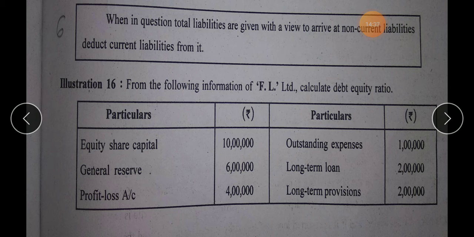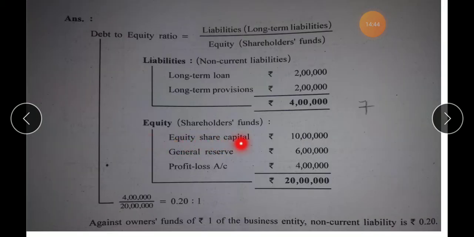Yes? So this is credit balance. Now we are obtaining shareholders' funds. Preference share capital is not there. Equity share capital is provided. So equity share capital 10 lakh plus general reserve 6 lakh as per the question plus profit and loss account 4 lakh. So 10 lakh plus 6 lakh plus 4 lakh is 20 lakh. Yes?